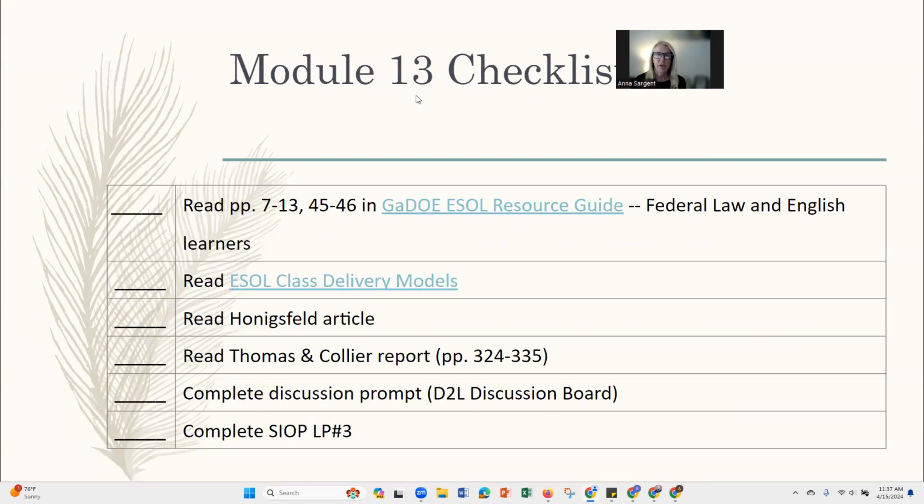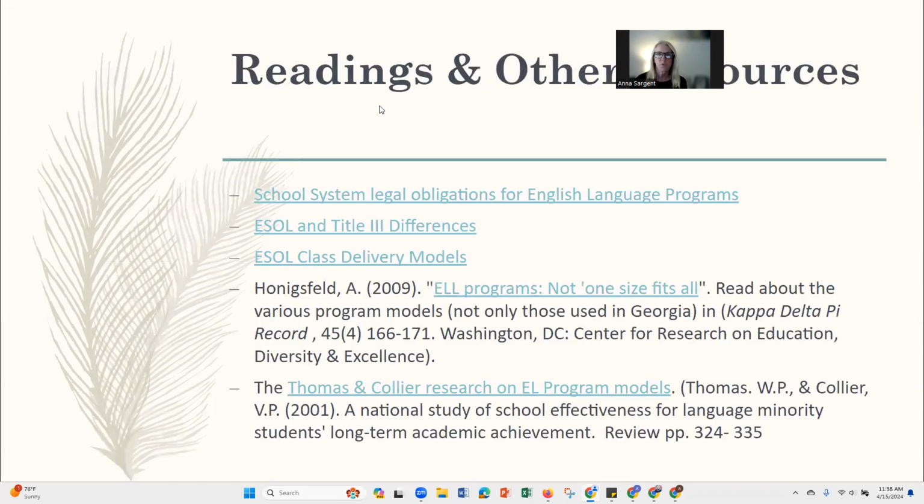So here's our checklist, as always. Here's what you need to read. Here is a discussion prompt for our module this week, as well as the completion of that third SIOP lesson plan. These are some great readings for you.